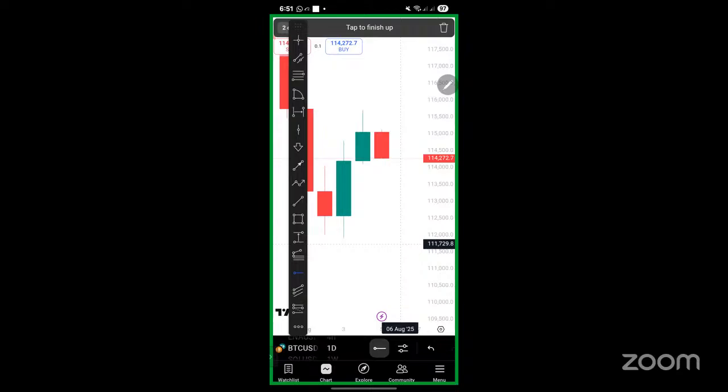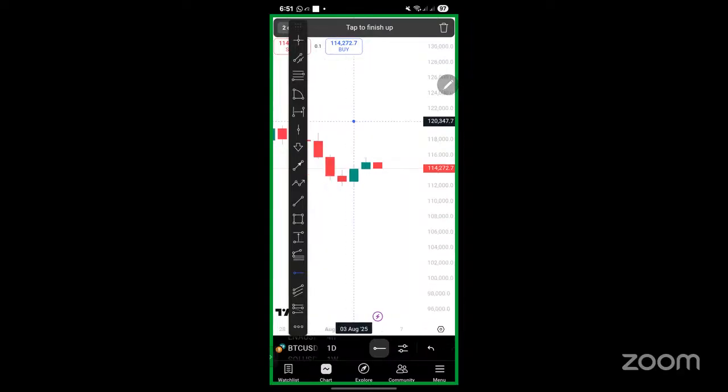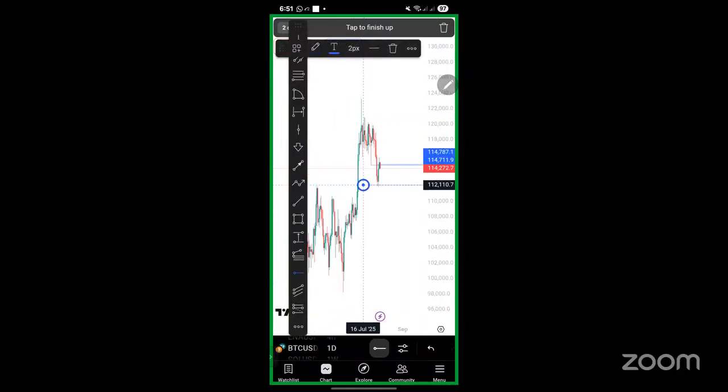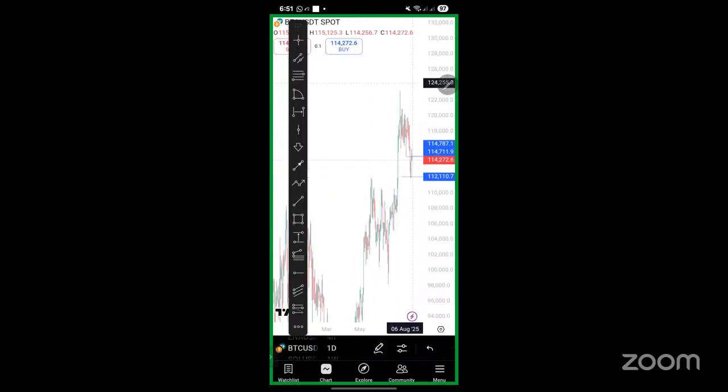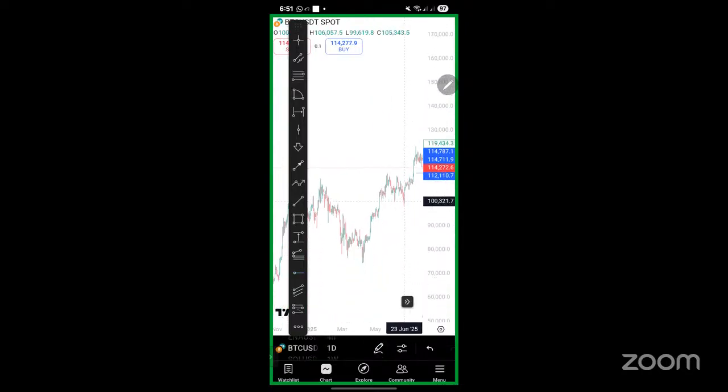This green candle will help us. Market was trending like this. Market came from the downward side here, tapped this area and respected the area before.